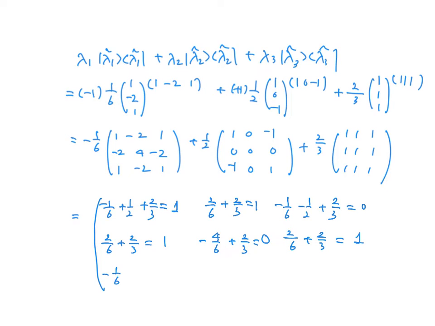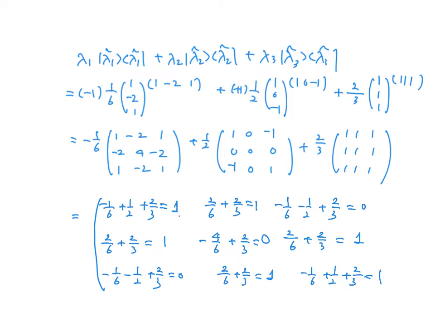Minus 1 over 6, minus 1 over 2, plus 2 over 3 is 0. Very good. Then 2 over 6 plus 2 over 3 is 1, minus 4 over 6 plus 2 over 3 is 0, and 2 over 6 plus 2 over 3 is again 1. Minus 1 over 6 minus 1 over 2 plus 2 over 3 is 0. Good. 2 over 6 plus 2 over 3 is 1, and minus 1 over 6 plus 1 half plus 2 over 3 is 1.